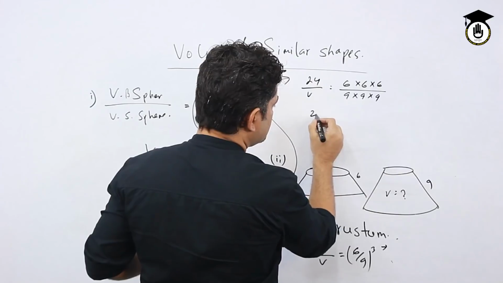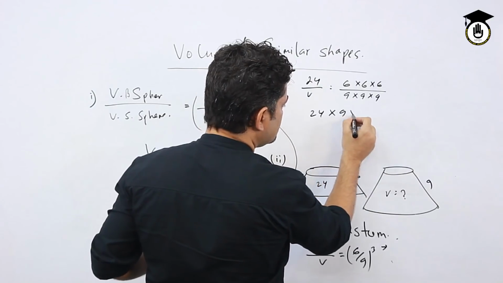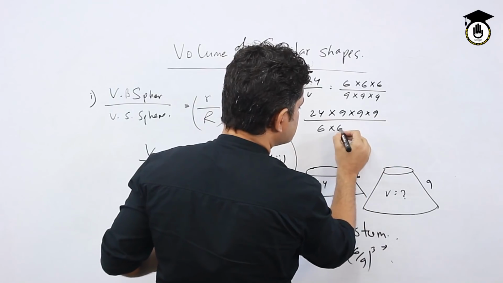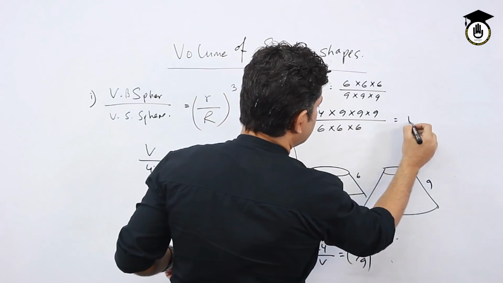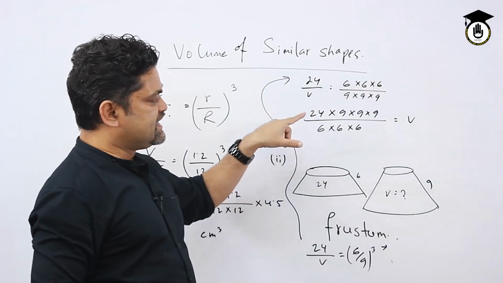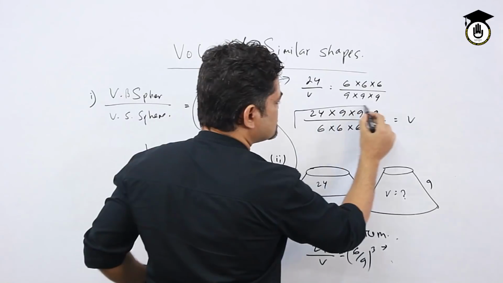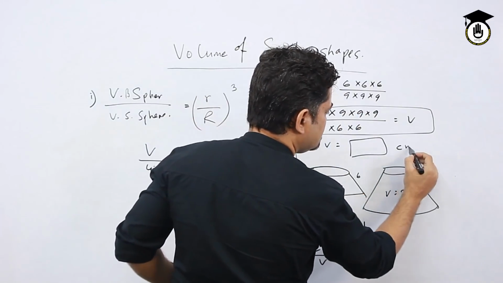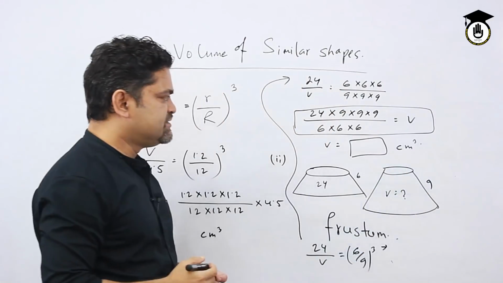Then I can write 24 into 9 into 9 into 9 divided by 6 into 6 into 6, and that will be V. If you do the cross multiply, you will get the answer like this. Write your answer here, and that will be the volume of the frustum.